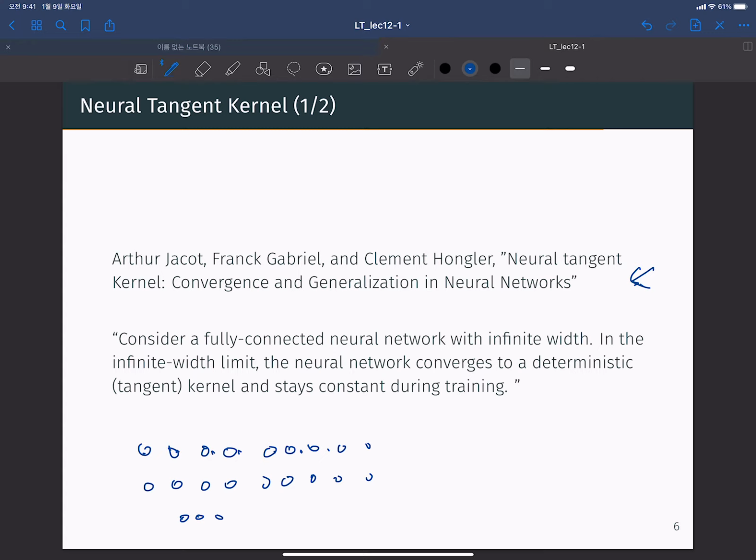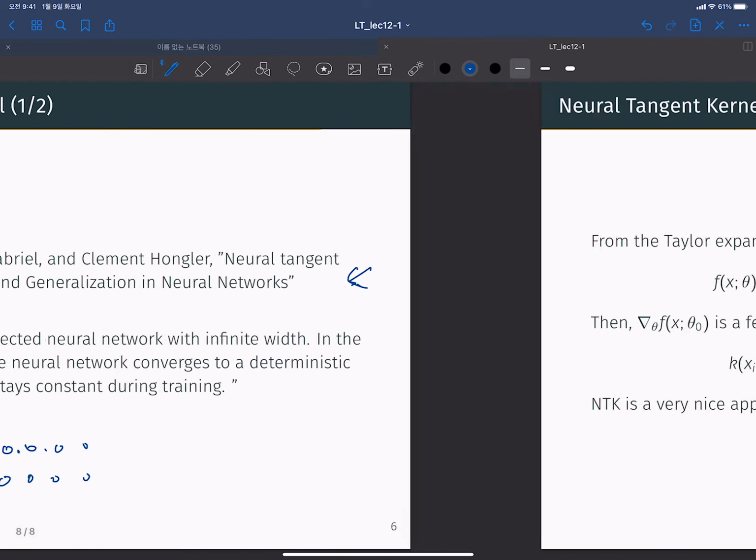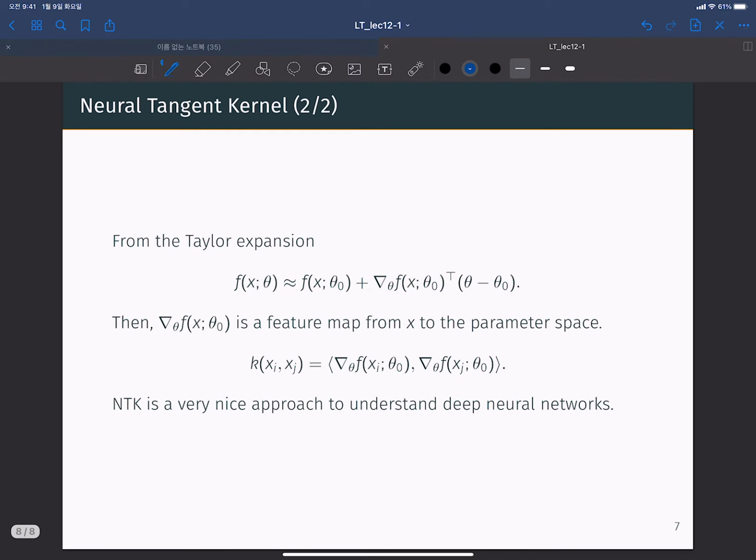Okay, when we have infinitely many neurons, the neural networks is kind of kernel. And we can explain the neural network using kernel method. So that is neural tangent kernel. So why tangent is in the name? I will explain. Okay, so from the Taylor expansion, we know this.